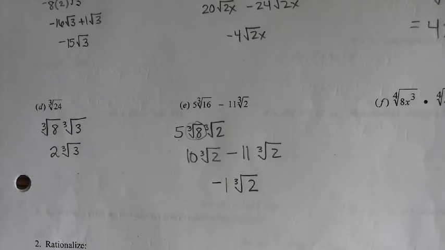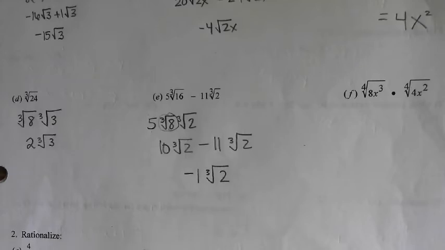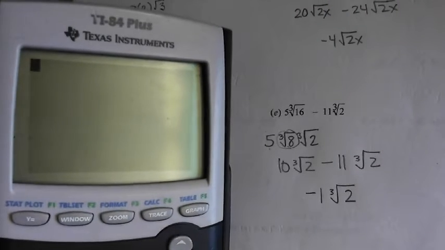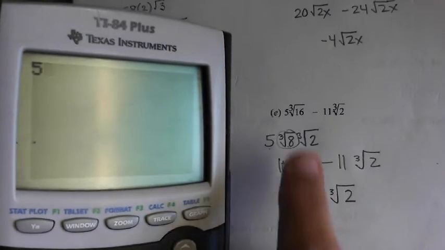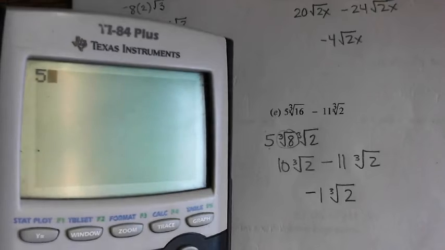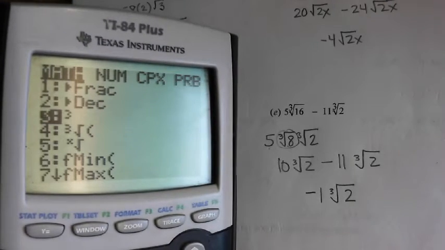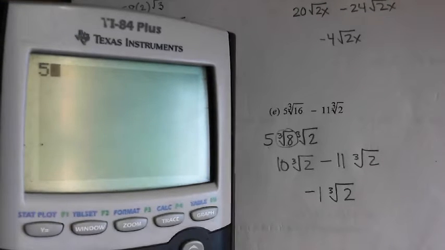Now, if you're ever feeling like on a test you've got extra time and you're not confident with those, you can absolutely test them on your calculator. Do you guys know how to type in the cubed root of 16? You hit the 3 first, and then if you go to your math, oh, you don't even need that here. For cubed roots, you don't need to do that.